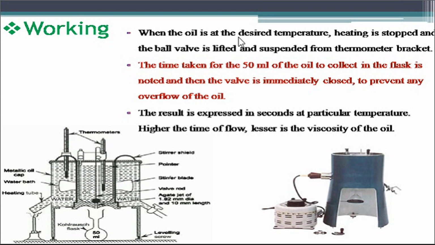When the oil is at the desired temperature, heating is stopped and the ball valve is lifted and suspended from the thermometer bracket. Now this ball is open, means now the oil cup is open. Ultimately the oil starts to fill in this Kohlrausch flask.